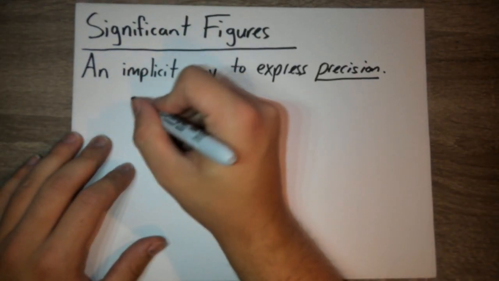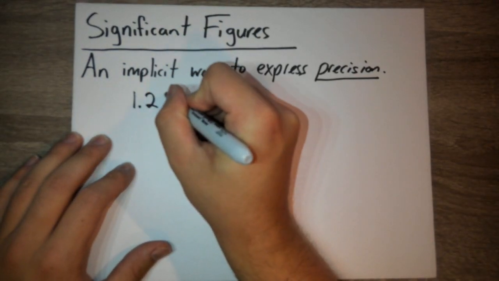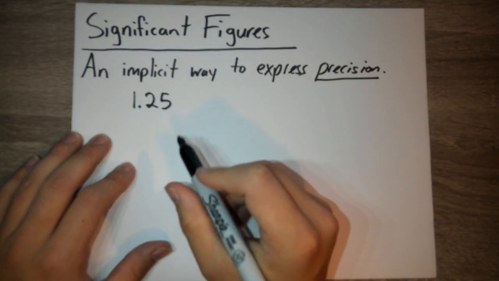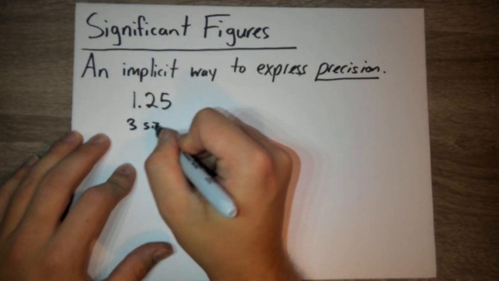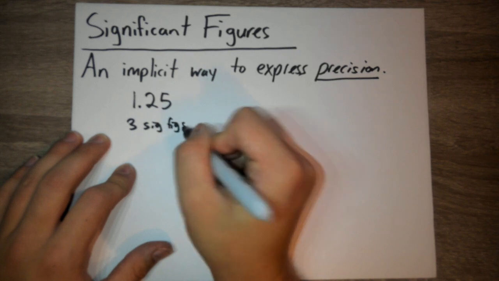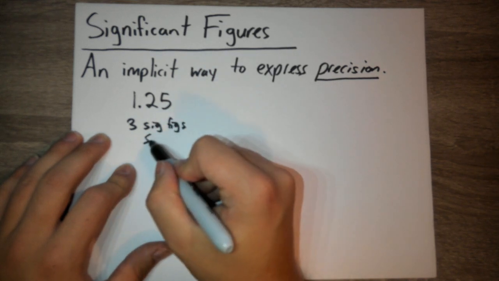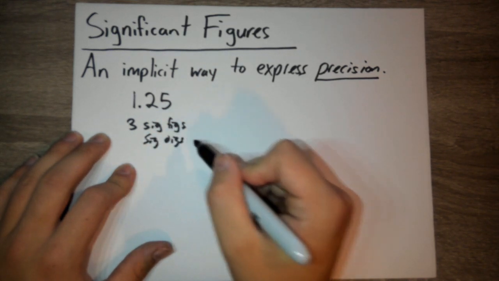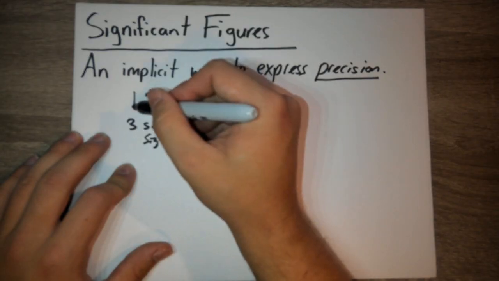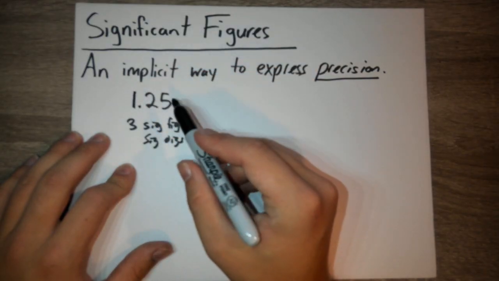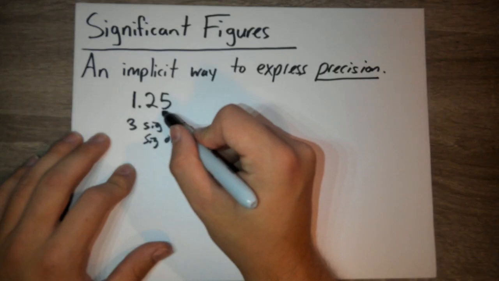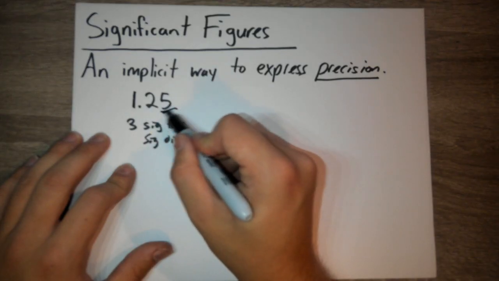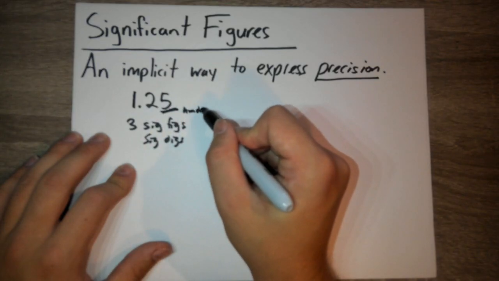So, for example, if I have 1.25, we would say this has 3 sig figs. That's short for significant figures. You might even see sig digs, significant digits. But this says we have 3 significant figures, and we know whatever measurement we're doing to the 100th decimal place.